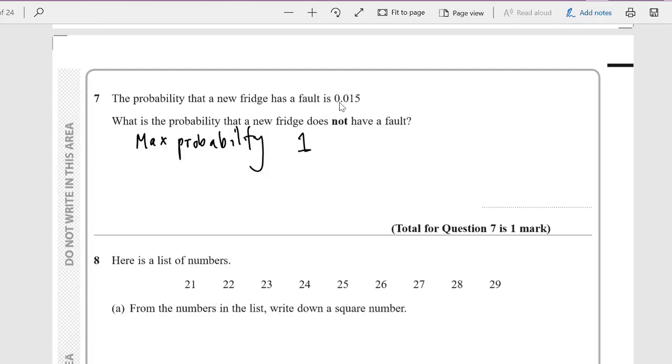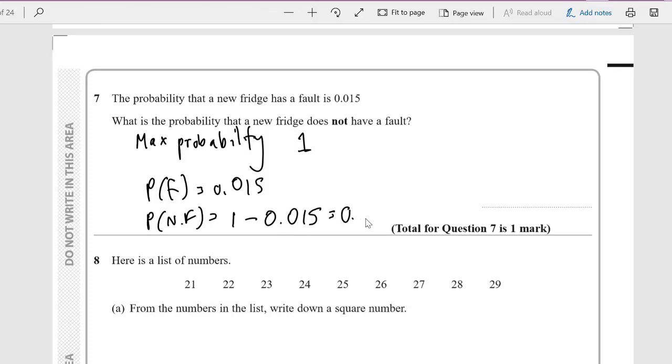So I'm going to put P(fault) is 0.015, and probability of no fault is going to be 1 minus 0.015, which gives us 0.985.